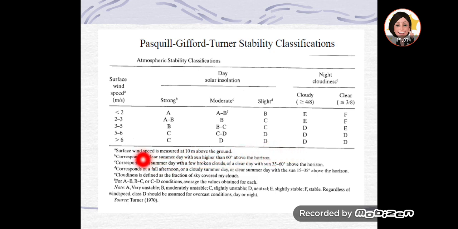And then finally we have D, fall afternoon, slight for a cloudy summer day. Then E refers to cloudiness, defined as the fraction of sky covered by clouds. So depending on the coverage, cloudy or clear, it falls in a different atmospheric stability.